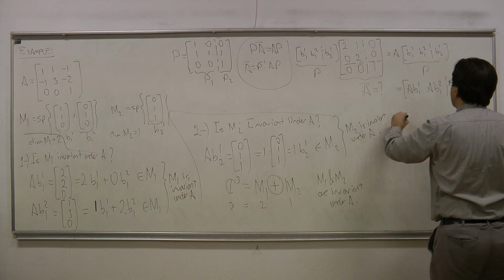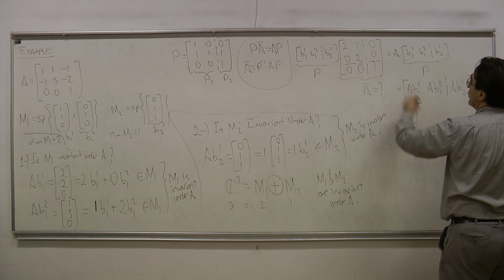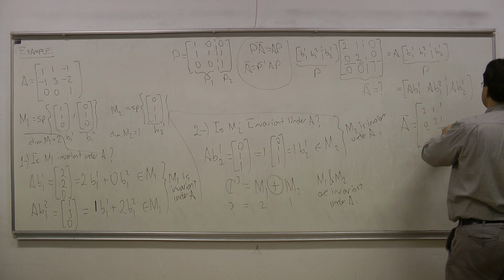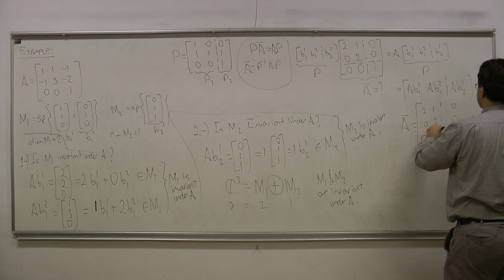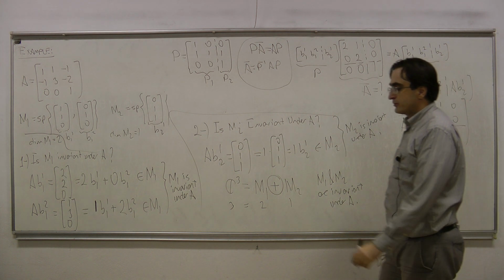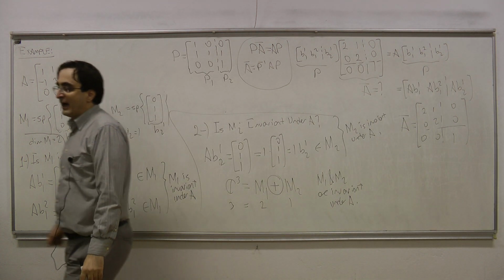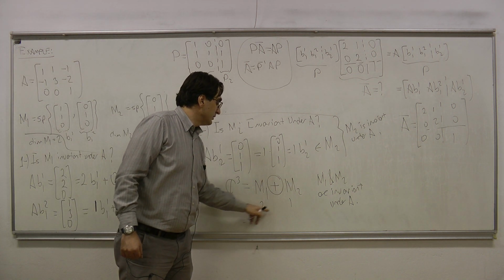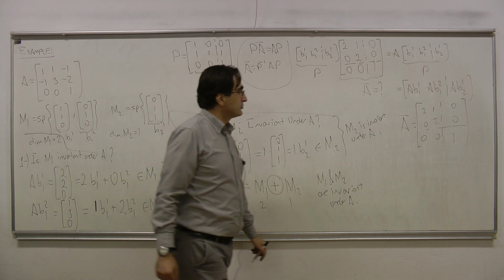So our new A bar is going to be in the following form: 2, 2, 1, 1, 0, 0, 0, 0. You see it is block diagonal, and the blocks have sizes 2 and 1, which are the dimensions of these subspaces.